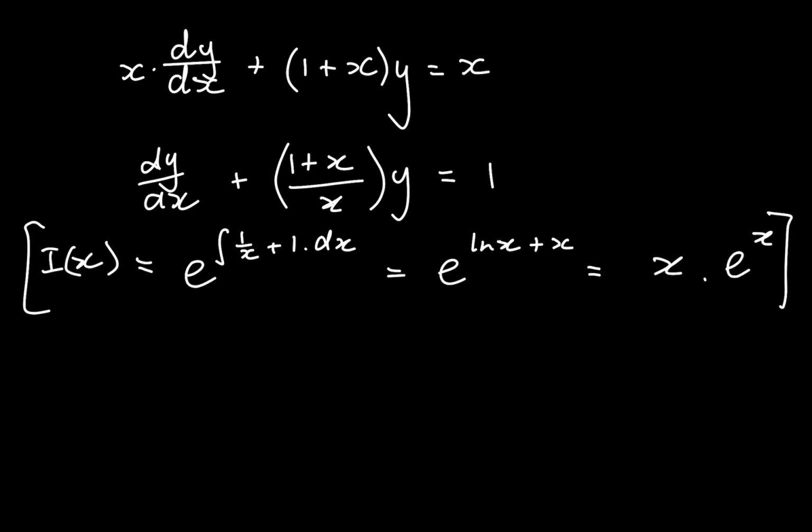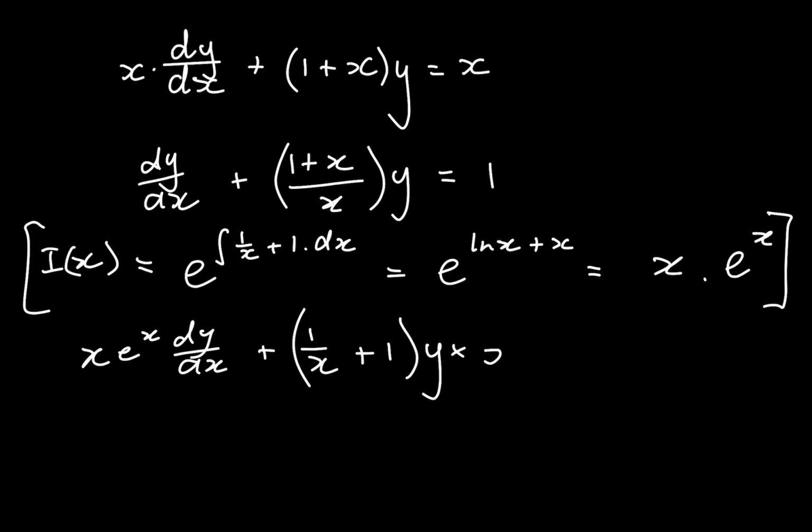So now we can multiply through by our integrating factor. And we have x e^x dy/dx plus (1/x + 1) times y times x e^x equals x times e^x.